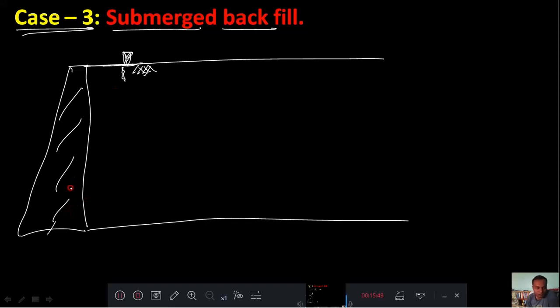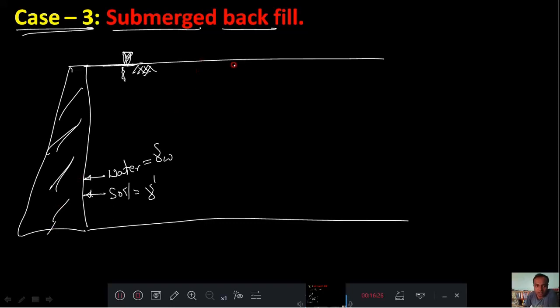So on this retaining wall, there will be pressure because of water and pressure because of soil also. For the pressure because of soil, you should know the submerged density, and for the pressure because of water, you should know gamma w, the density of water. If you know these two, then you can calculate the pressure acting on the wall.